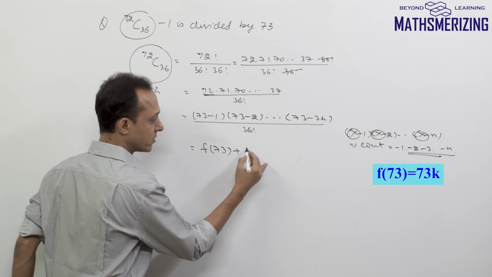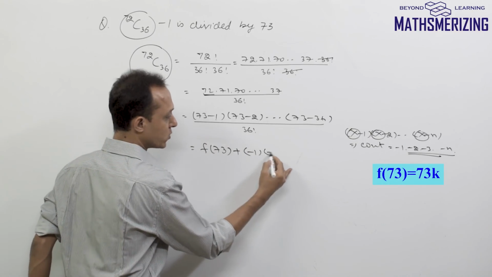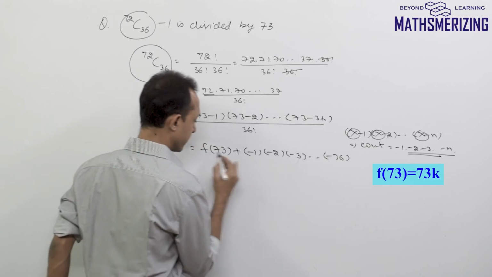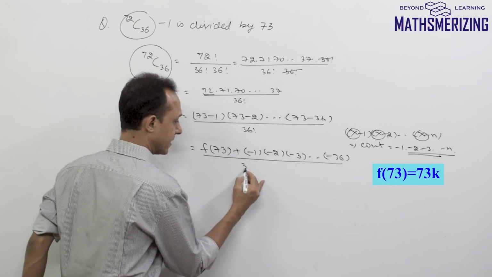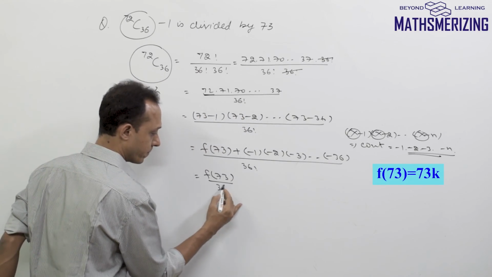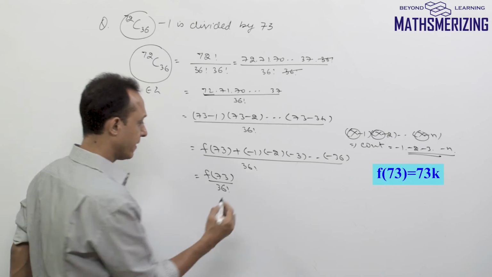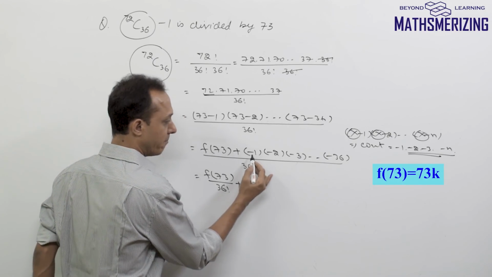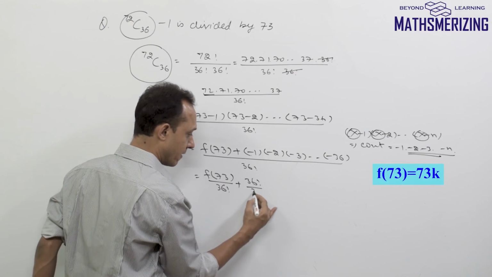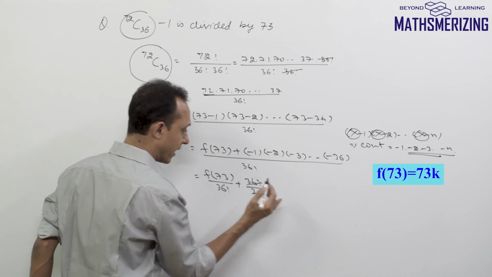What is the constant term in this case? The constant term will be minus 1 into minus 2 into minus 3, continuing up to minus 36, and that is factorial 36. So I'll write this as f(73) upon factorial 36, and then plus, since minus 36 times gives a plus sign, factorial 36 upon factorial 36, so it'll cancel and I'll get this as 1.